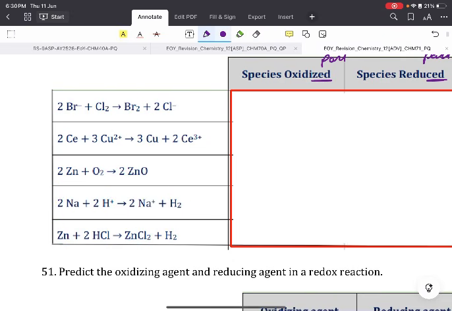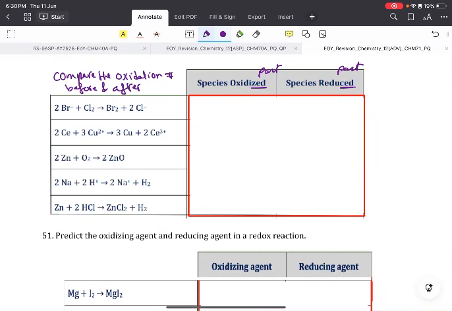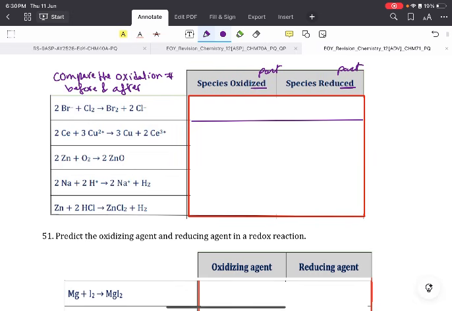Next, in order to know which one oxidized and which one reduced, compare the oxidation number before and after. And you don't have to do them all. If you know one, like you guess this is an oxidation, then definitely the next one is going to be a reduction. So let me just put the lines here.